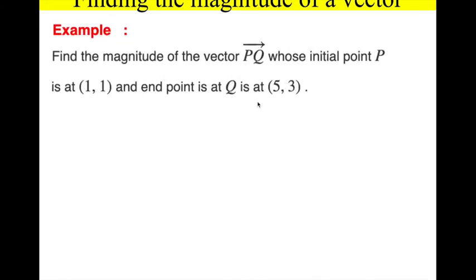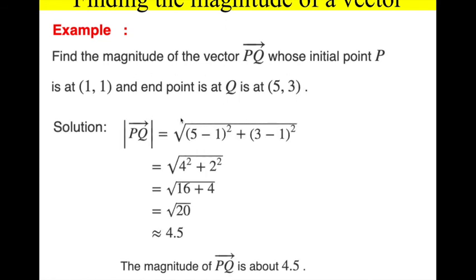Let's take a look at this example. If you are given 2 points and you are asked to find the magnitude, all you do is subtract correspondingly. So the magnitude of vector PQ is equal to the square root of 5 minus 1.